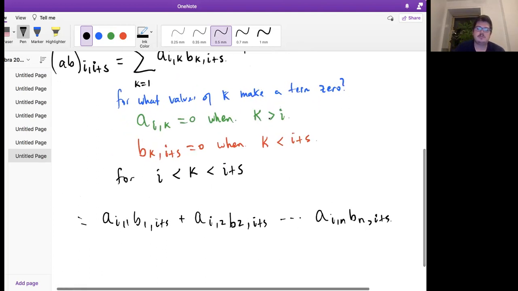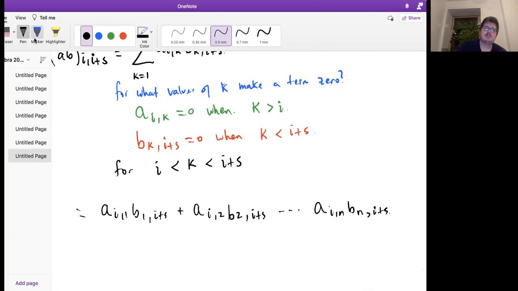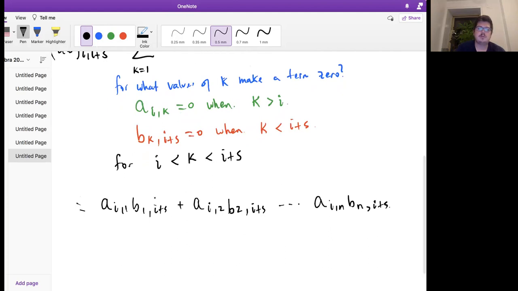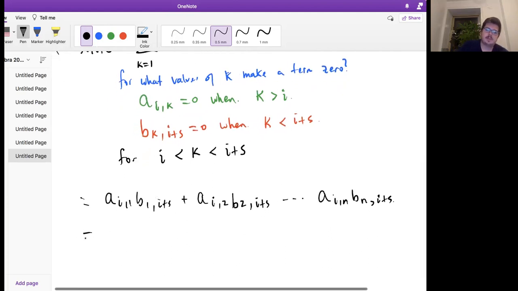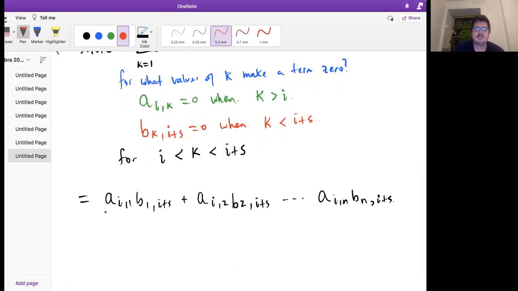All right, so for the first one, maybe take A for example, A_i1.